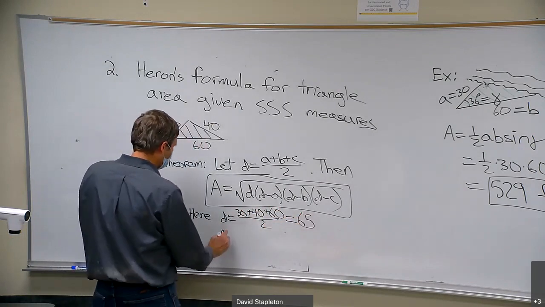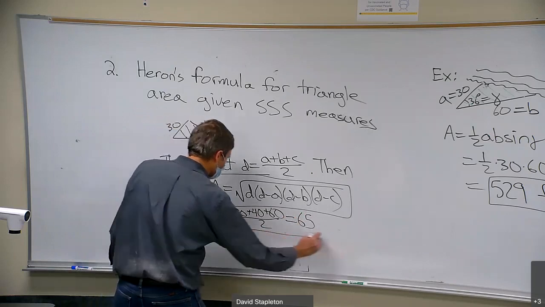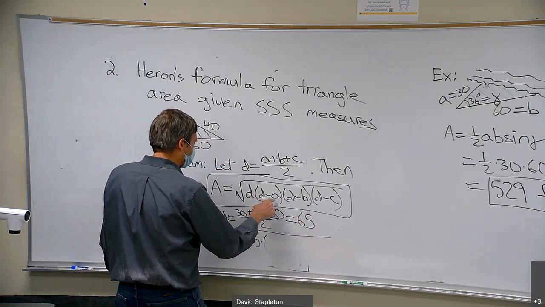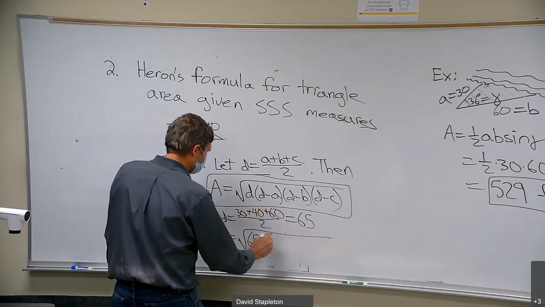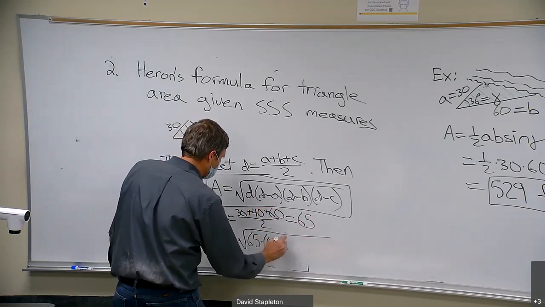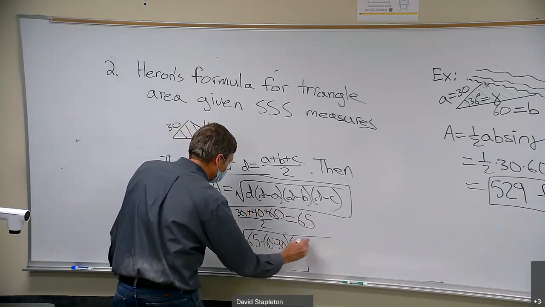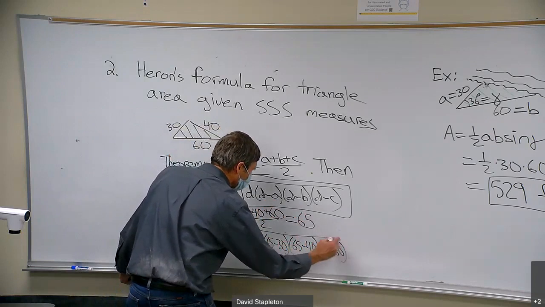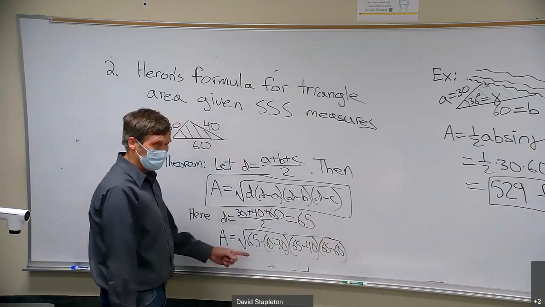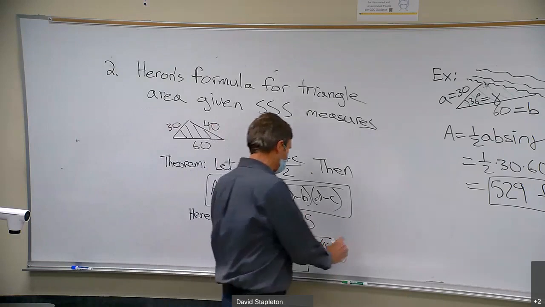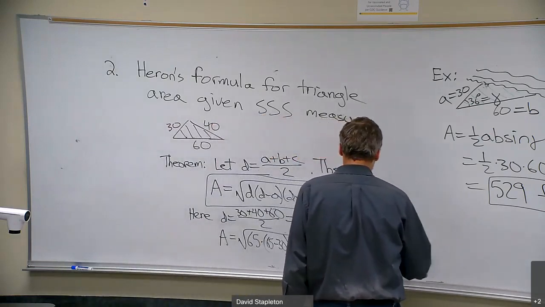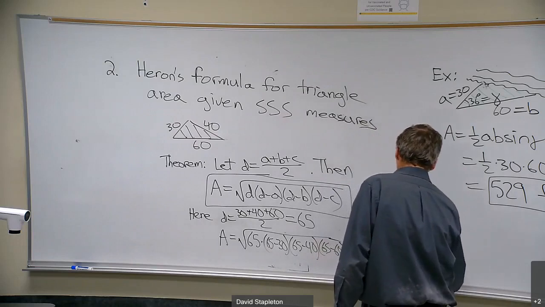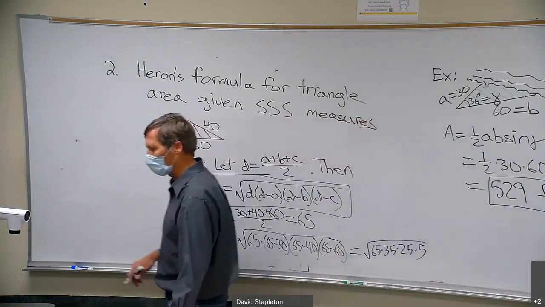From that, we compute the area is the square root of 65 times 65 minus 30, times 65 minus 40, times 65 minus 60. There it is. And these parentheses on your calculator are terrible. You always make a mistake, so subtract in your head. Say it's the square root of 65 times 35 times 25 times 5. Do that part in your head.